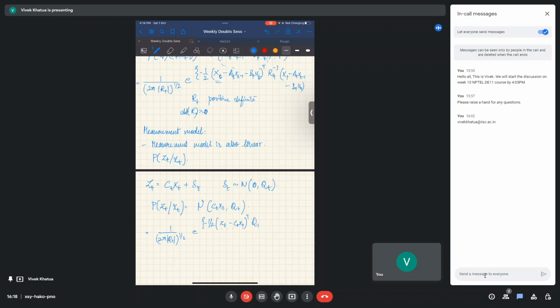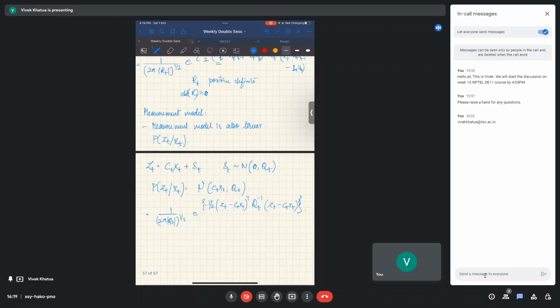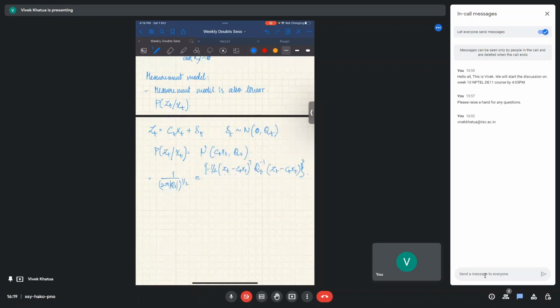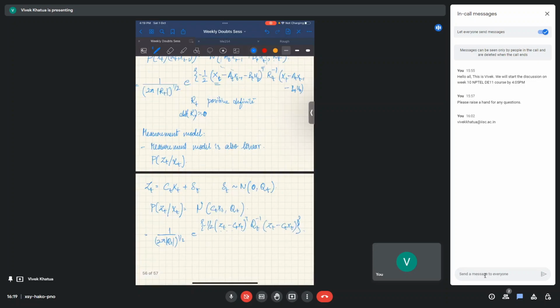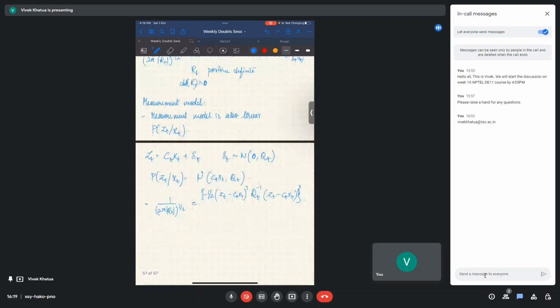And here it is Qt inverse, and then here we would have zt minus Ct xt. So this forms the two assumptions that we have taken: that our belief is Gaussian, and that our measurement and motion models are Gaussian.